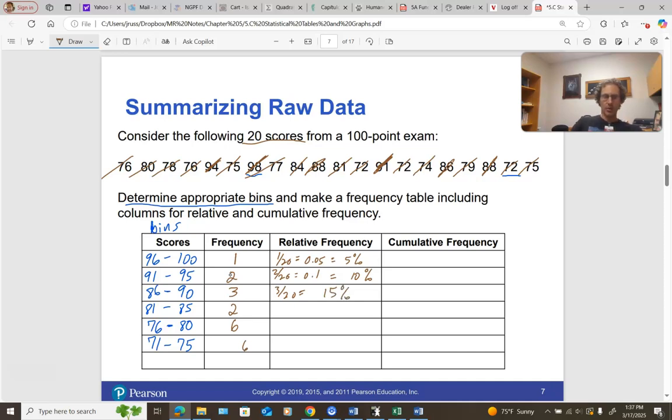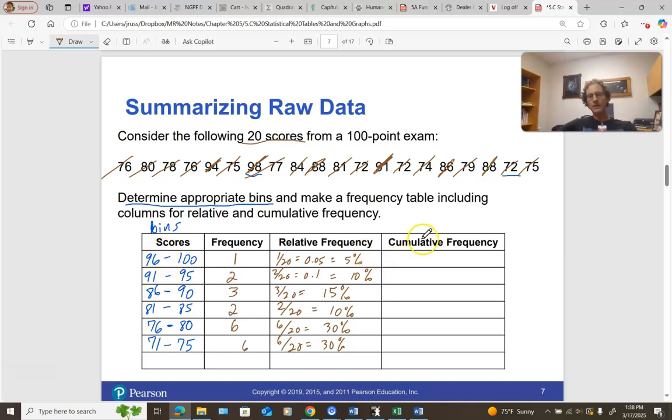Okay. 2 out of 20 again, that is 10%. 6 out of 20 is 30%. 0.3, which is 30%. And then we've got another 6 out of 20, don't we? Okay. So now you can kind of see what percentage of the class fell into each of these bins.